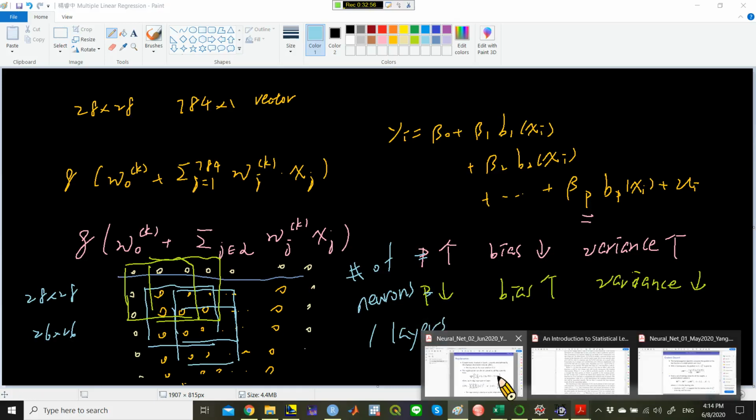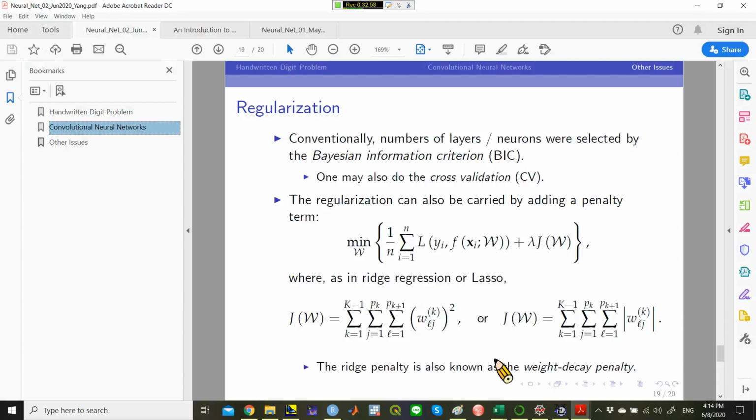Conventionally, if you want more detail, Professor Kuan had a very good paper in 2008 about this. In the last 2 or 3 pages, it talks about the selection of the number of neurons and layers. We can do it by the Bayesian information criterion. So we consider this model with 10 neurons.